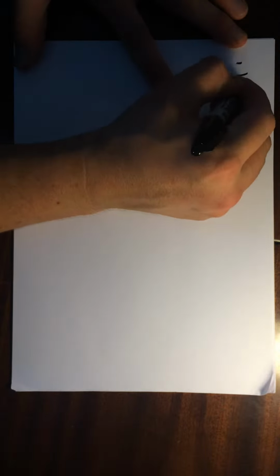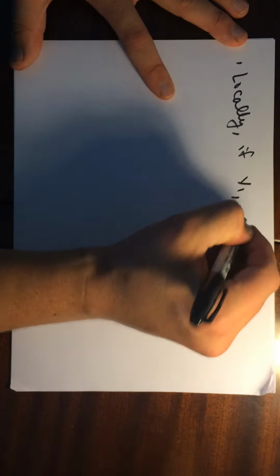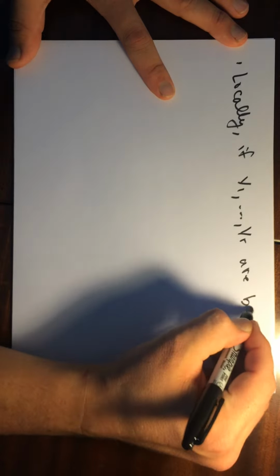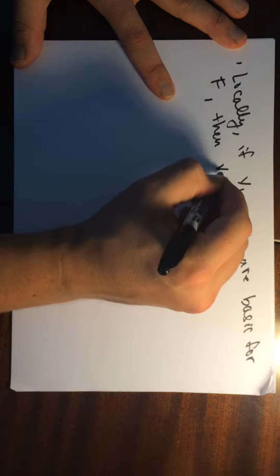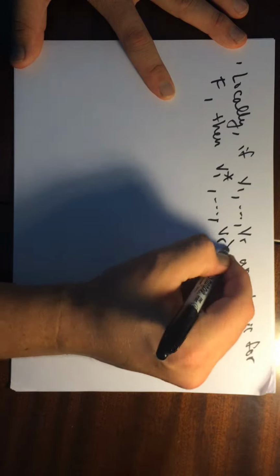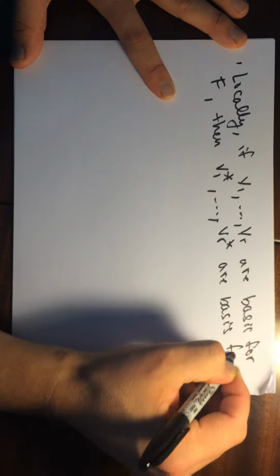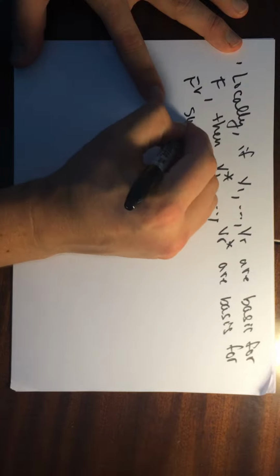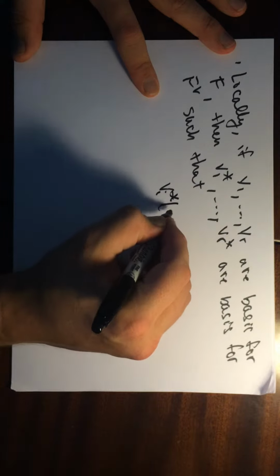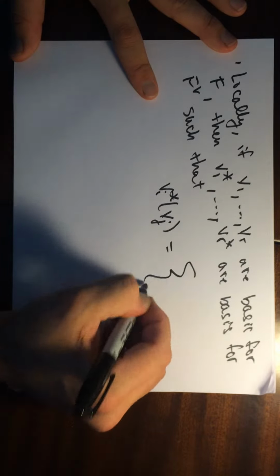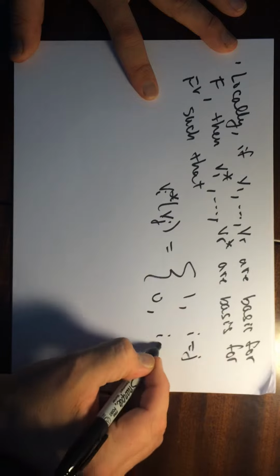Locally, on an open set, if v_1 through v_r are a basis for F, then let v_1 dual up to v_r dual be a basis for F dual, such that, since they're Homs, we can take v_i dual and apply it to some v_j, and this will be 1 if i is equal to j, and 0 if i is not equal to j.